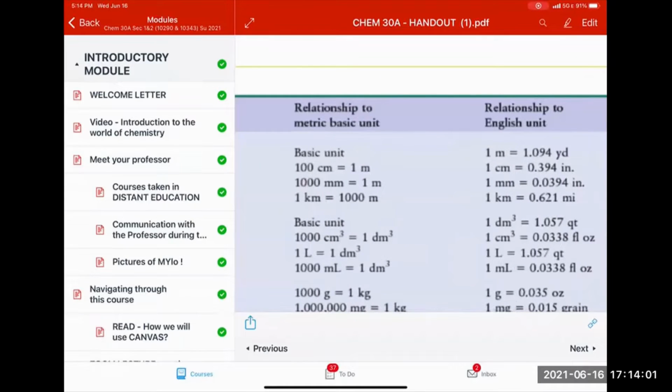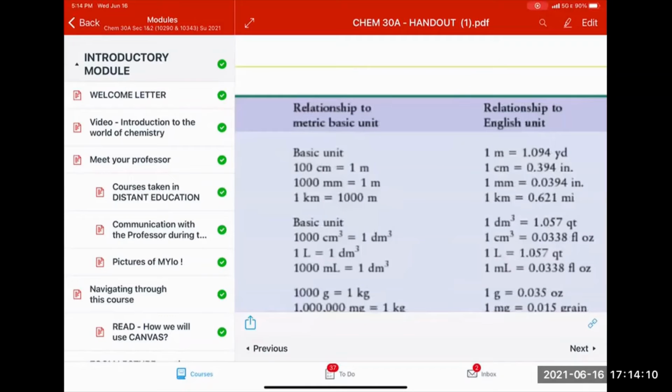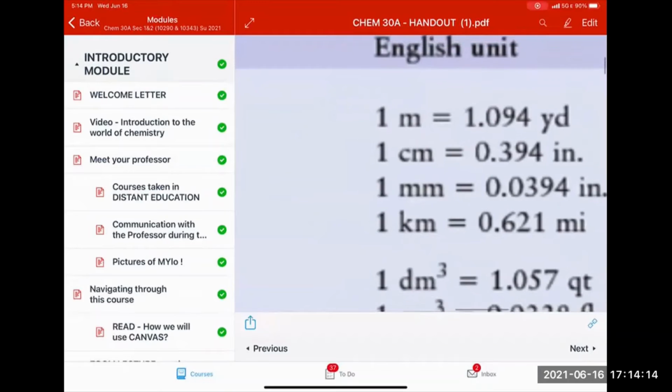There's also an English unit, which was more universal for historical reasons, and then people were also using their own thing. So we said we need to bring uniformity. So what is that uniformity? If you're measuring something in 1 meter, it is going to be equal to 1.094 yard. So this is called the equality.